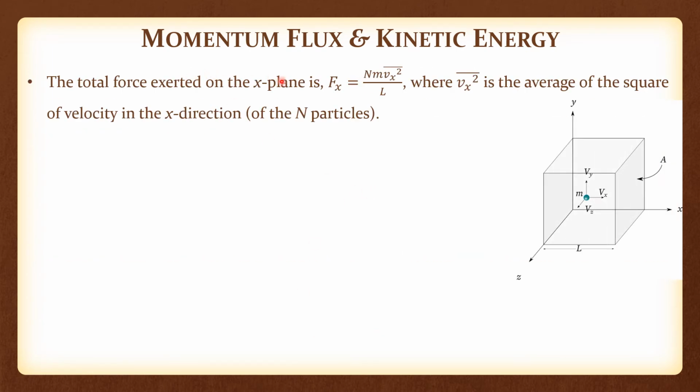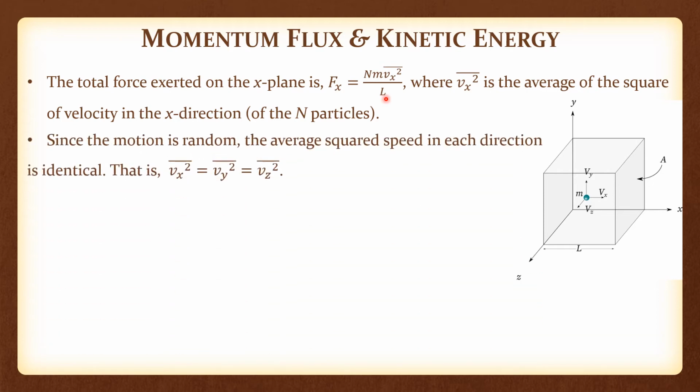So the total force exerted on the x plane for all molecules is then, you have to add up the forces exerted by all the molecules. And so if vx square bar is the average of the square of the velocity in the x direction, so this is the mean square velocity, right? And then times the number of molecules. So this becomes the total force exerted on the x plane.